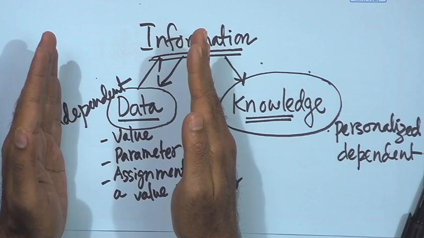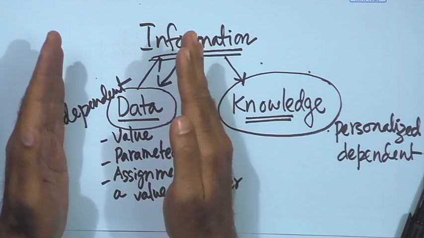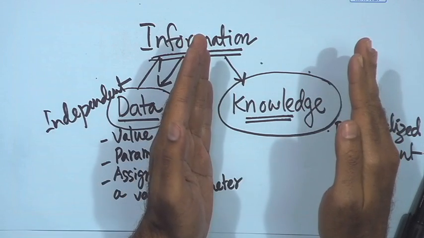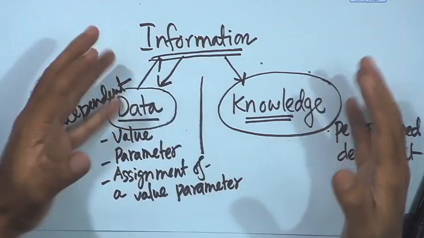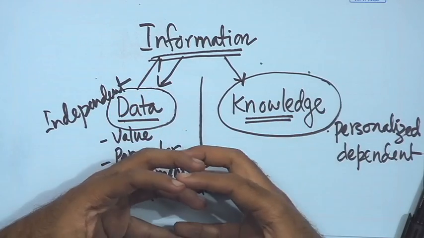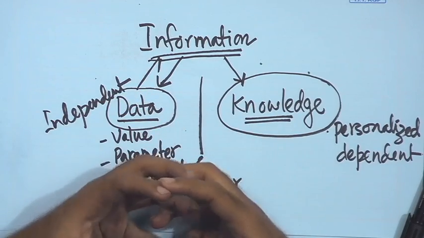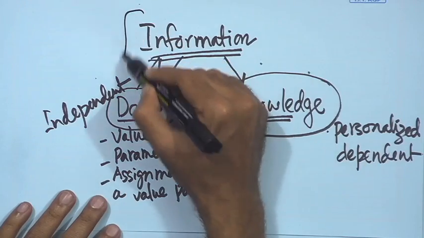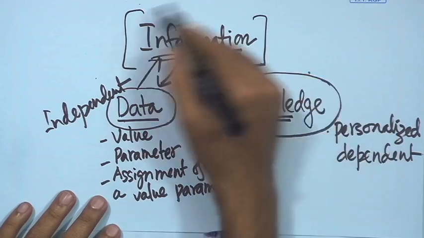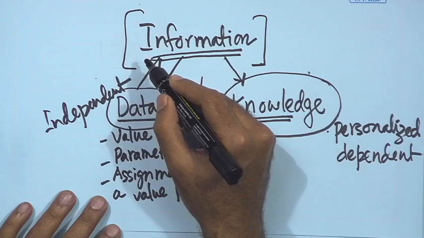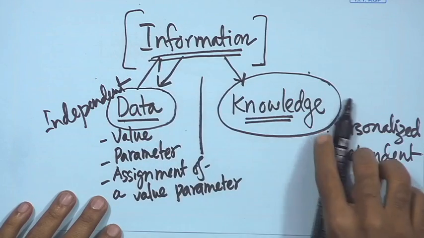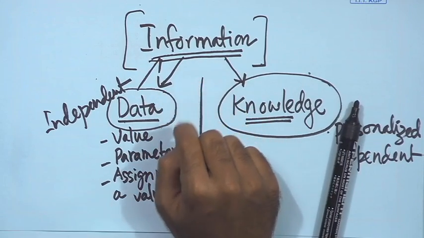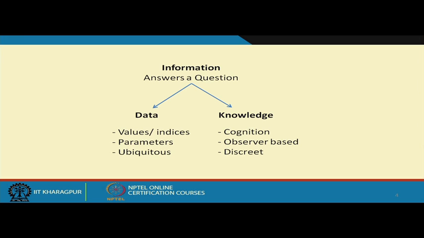One is the data part, which is independent, and one is the knowledge part, which is very much dependent, and these two talk to each other, combine with each other, and form different formations for creation of this information or usage of this information in a particular manner. So, that gives us an understanding of what information is. So, let us move on further now.